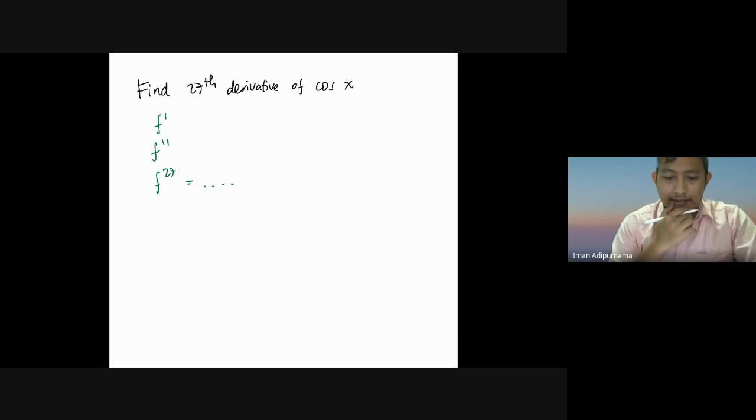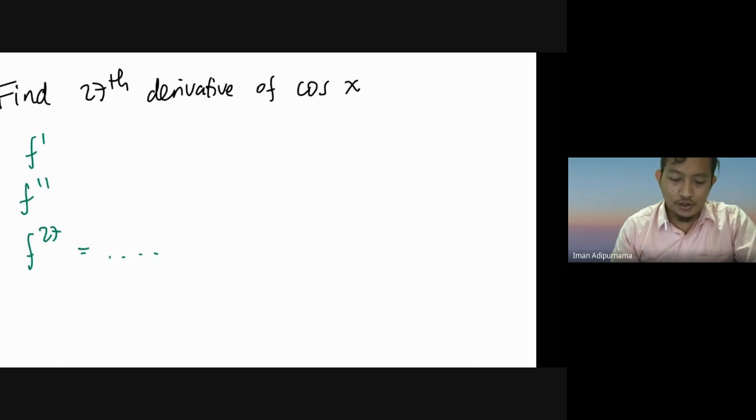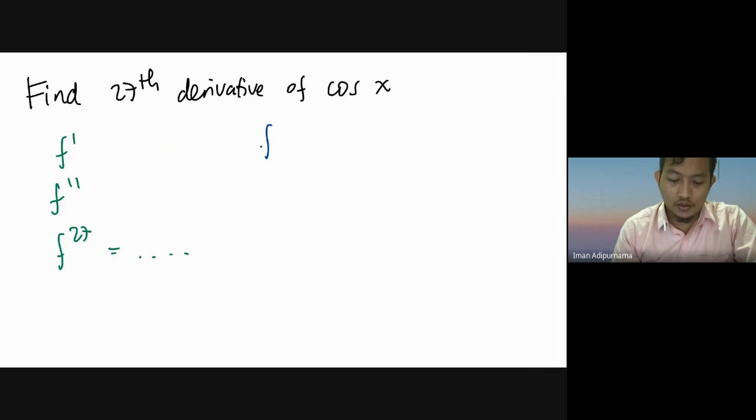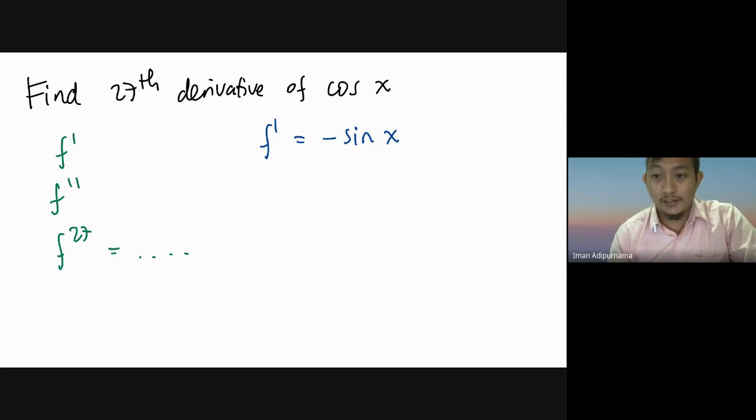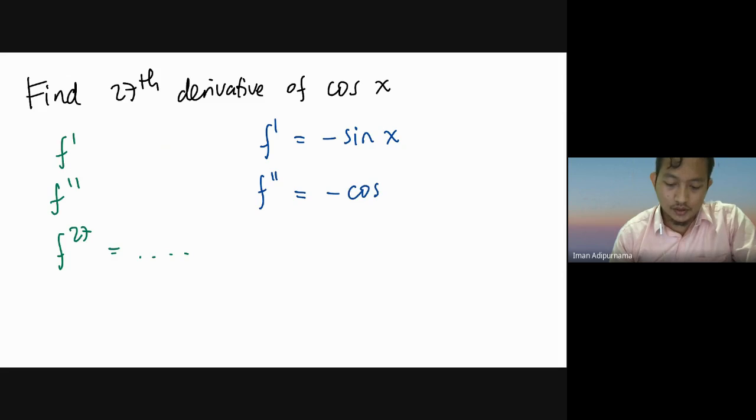Now first, let me show you what we are going to find when we have the f prime of the function. So f prime is negative sine x, right? And if we differentiate a second time, we get negative cosine x, right?